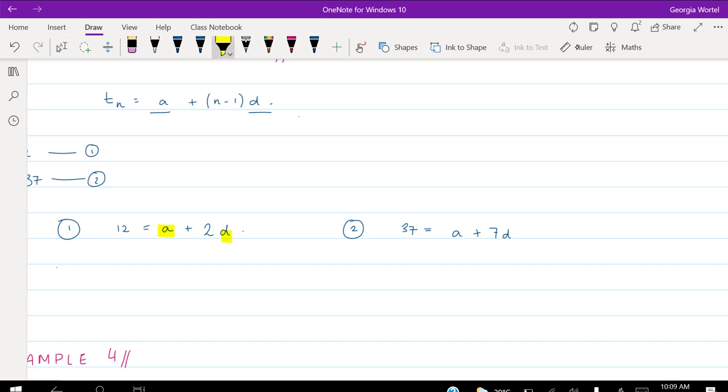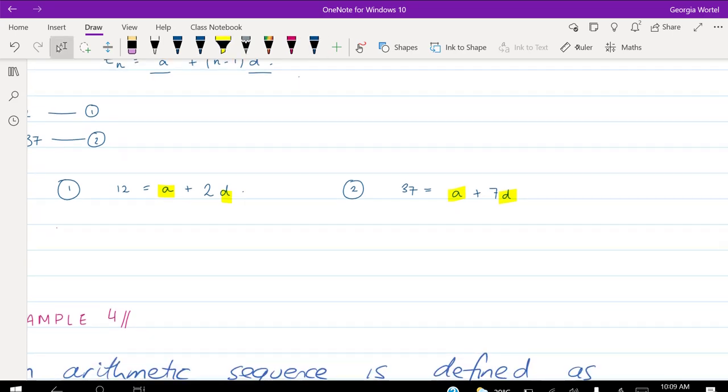Oh. Okay, haha. Our favourite topic, simultaneous equations. Let's have a look at that. Let's take this 2D over here.